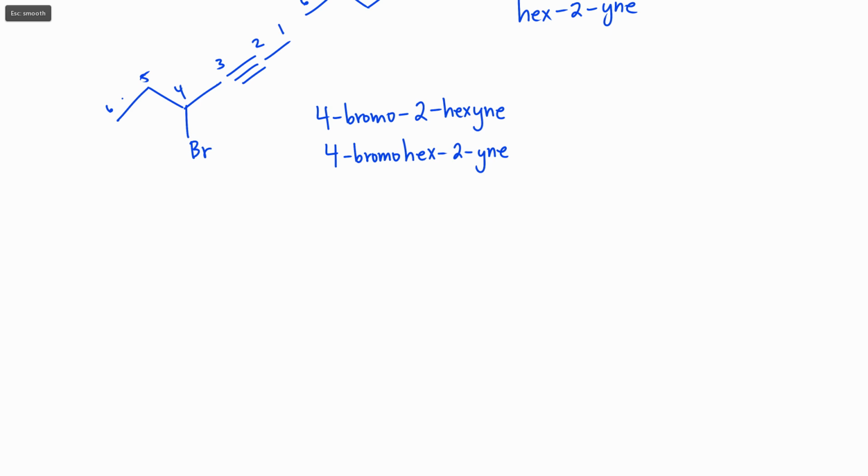Okay. Now, if I have a terminal alkyne, let's say we have 1, 2, 3, 4, 5, 6, 7 carbons. So I can call it regular heptyne, I can call it 1-heptyne.